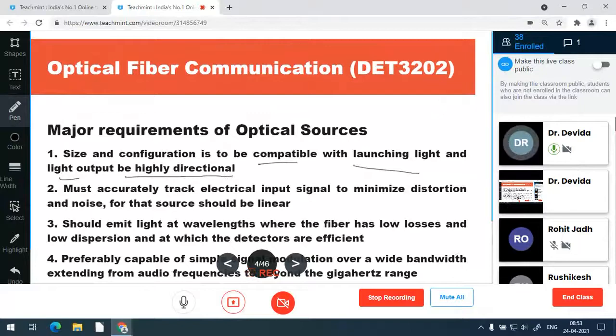It is not only size compatible, it should be compatible with the light output requirement. The source should be highly directional, because we have to maintain the optical beam for launching that beam into the optical fiber, isn't it? So if incandescent light is considered, this tube radiates optical energy in all directions.